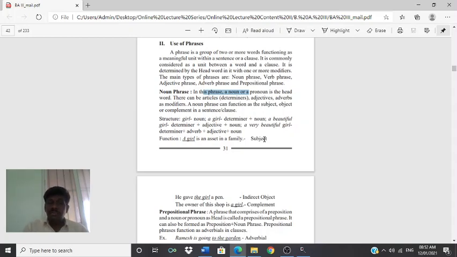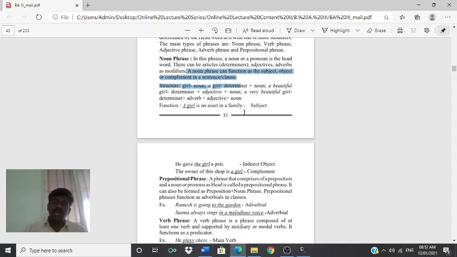So there can be an article, determiner, adjective, adverb, modifier. A noun phrase can function as, this is a very important part of this paragraph, a noun phrase can function as the subject, object, or complement in a sentence and clause. As I told you, words were combined into phrases, and phrases were combined into clauses.